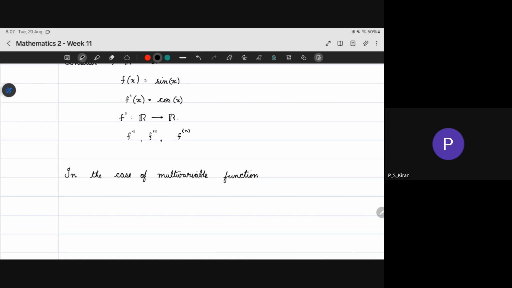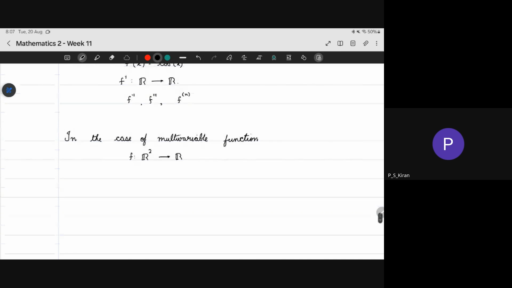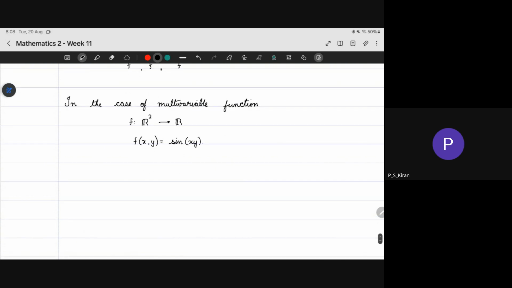For simplicity, let's just take f from R2 to R, and let's take f of x comma y equal to, say, sine of xy. Now, what we do have is the function called the gradient of the function.